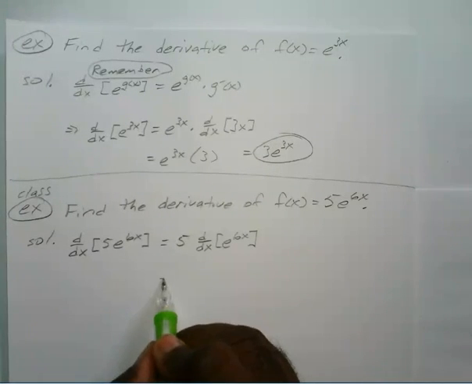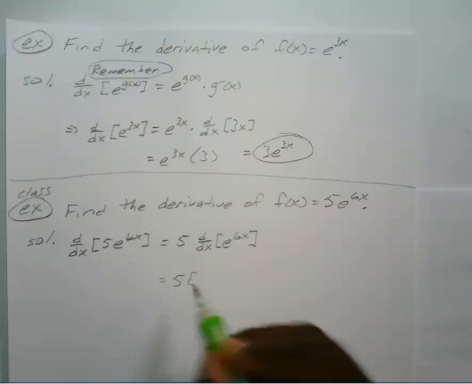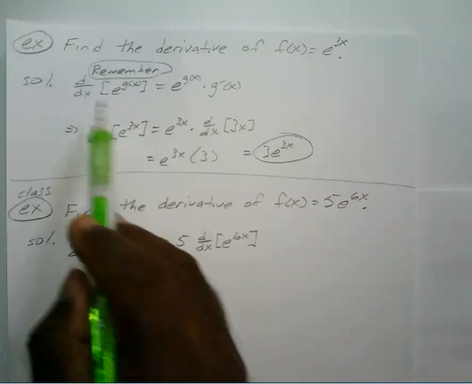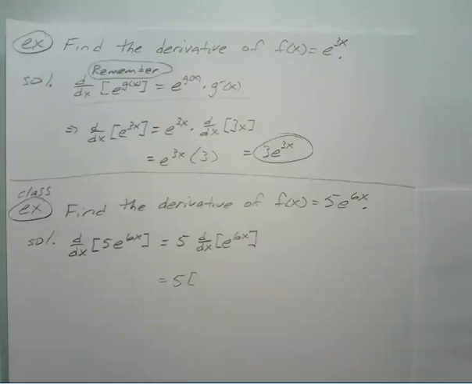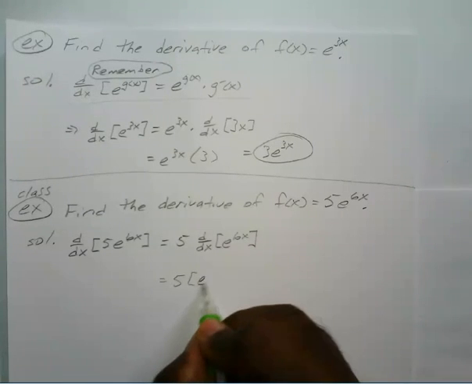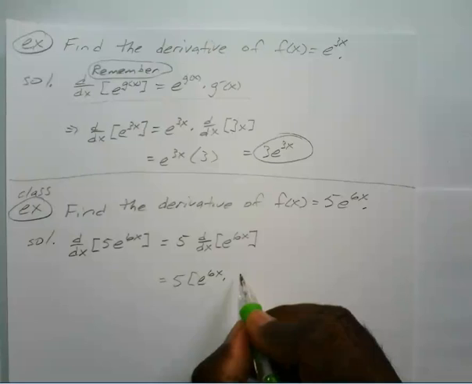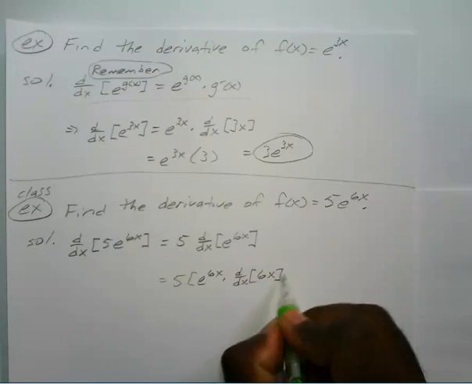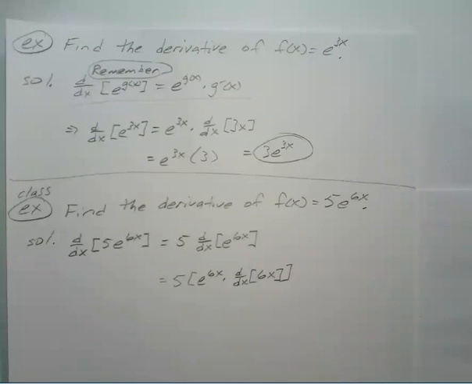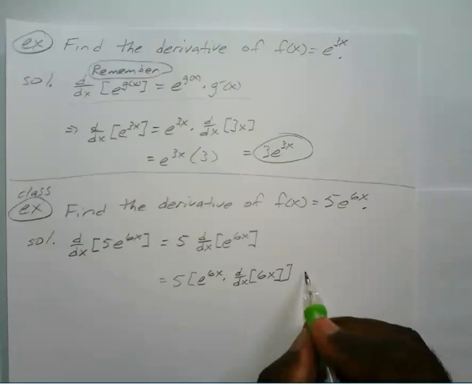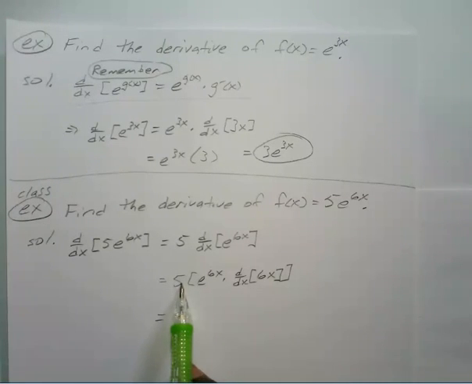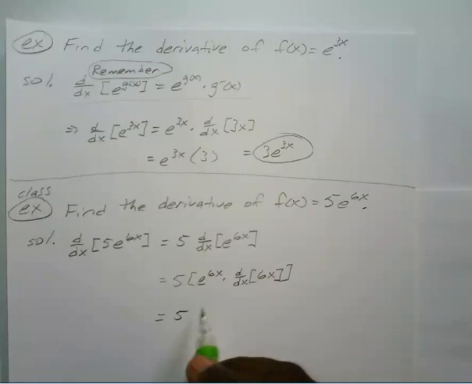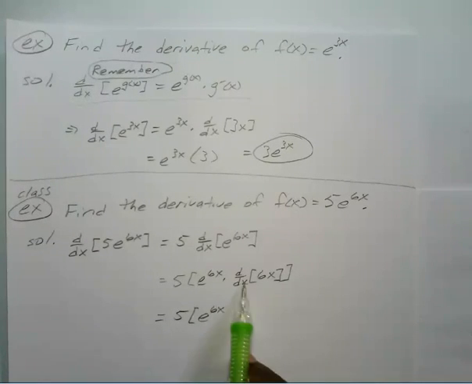That's going to equal 5 times e to the power of 6x times the derivative of that 6x, because remember, you're using the method up here. So you have 5 times e to the power of 6x times the derivative of 6x, which is just 6.